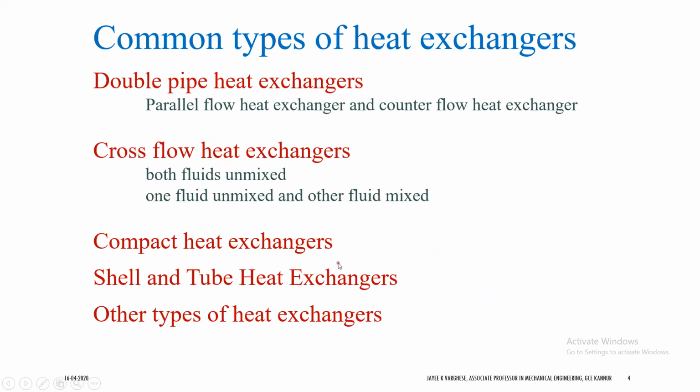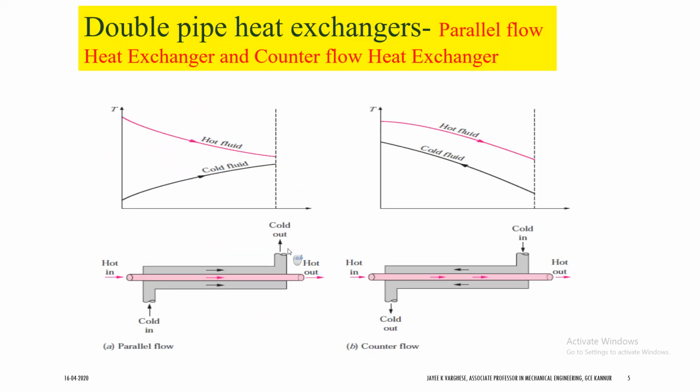Now, other types of classification. Constructional-wise, we can classify the heat exchangers into double pipe or concentric tube heat exchangers, then cross flow heat exchangers, shell and tube heat exchangers, compact heat exchangers, etc. But more importantly, based on the flow directions, heat exchangers can be classified into parallel flow heat exchangers and counter flow heat exchangers.